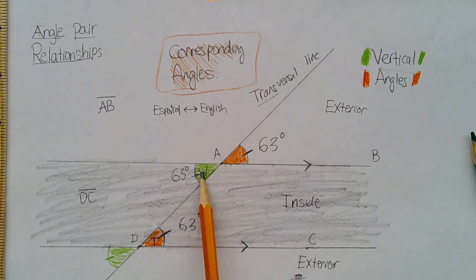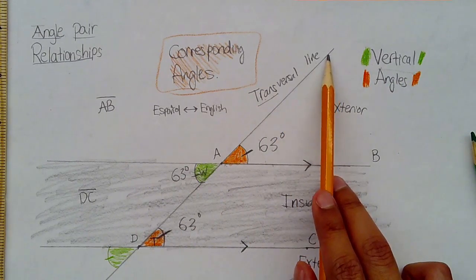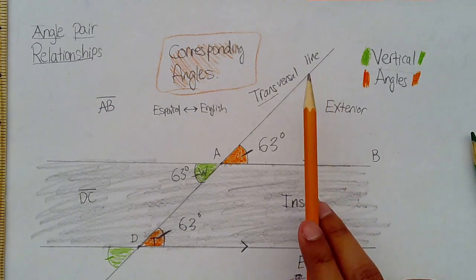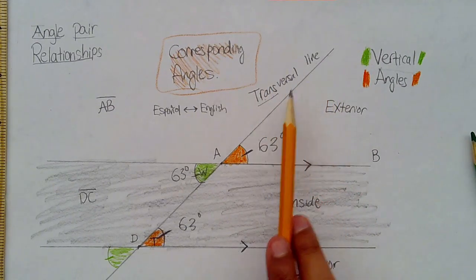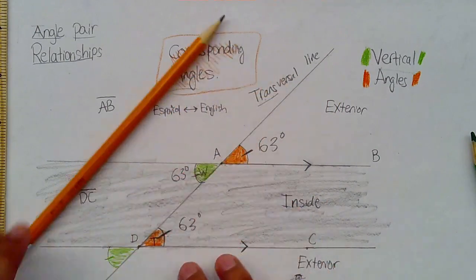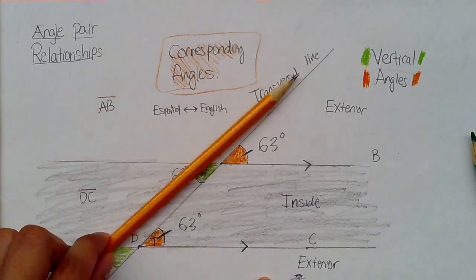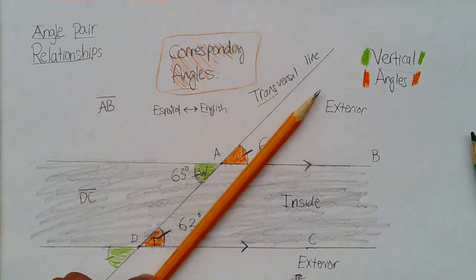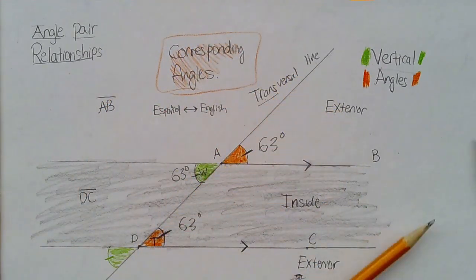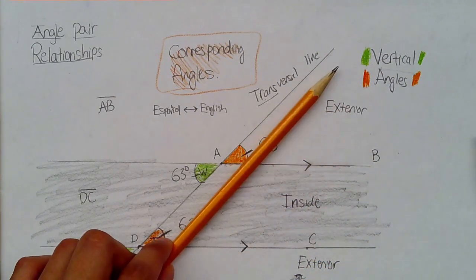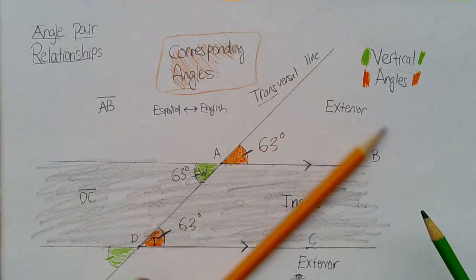And notice this green angle W is on a different side of this orange angle T. So if we were to say that this transversal can be split in two pieces, let's say that this line has a left half going off over here, where I've written the words corresponding angles, and a right half going all the way to the bottom right of the screen, where I've written the words inside and exterior down here.